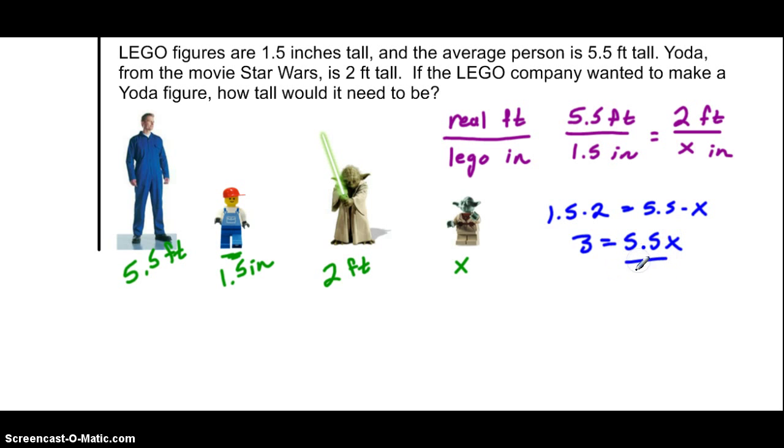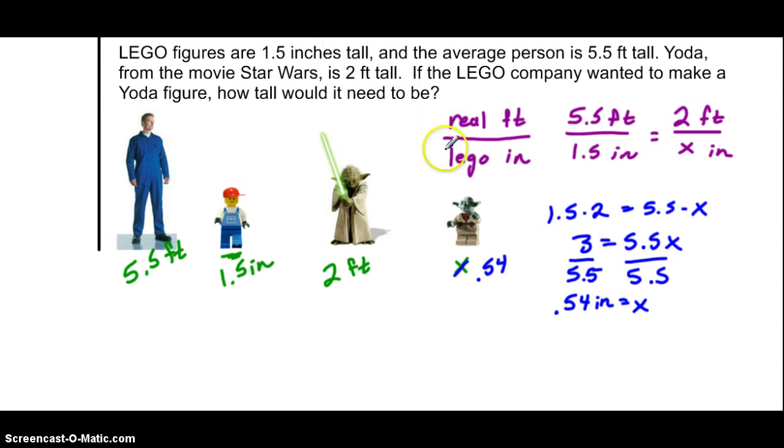We'll need to divide both sides by 5.5. And we find that x is equal to about 0.5454 repeating, so we'll round that to about 0.54 inches. That's how tall this little Lego Yoda should be.